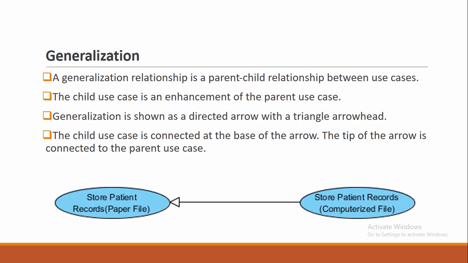These are the child behaviors, the specialized behaviors. So payment will come here, and it may be a credit card payment or UPI payment. This is the example of generalization.